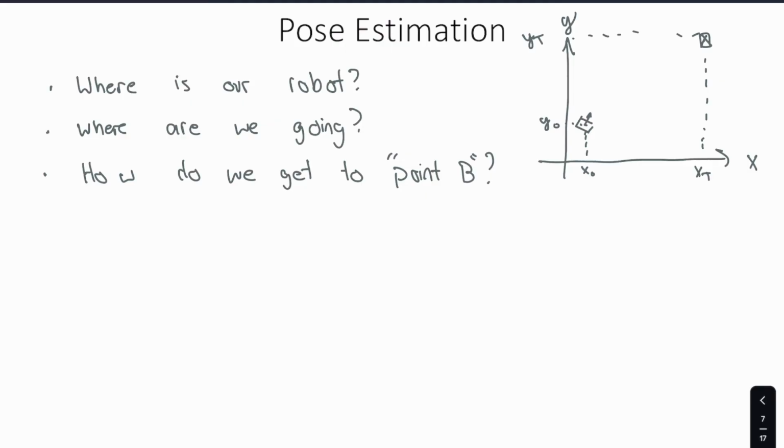If we know where we've started, we can use pose estimation and some knowledge of how we've been using our actuators to know sort of where we are along the path to get from one point to another.